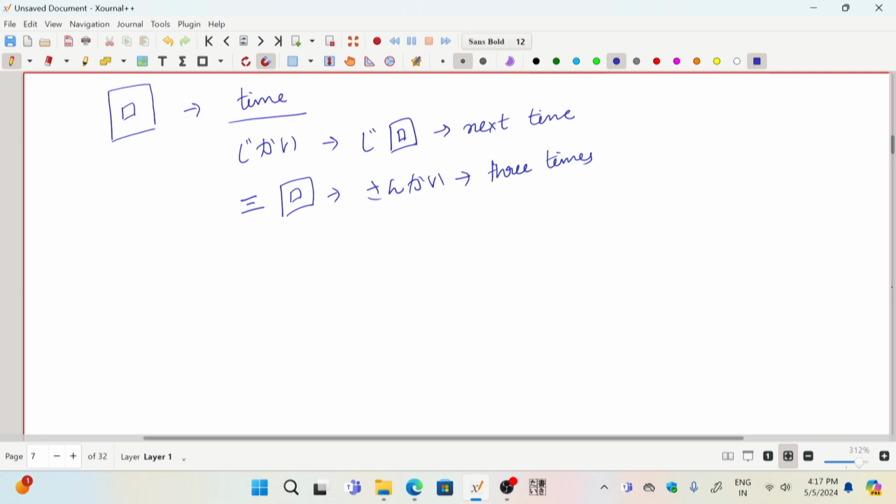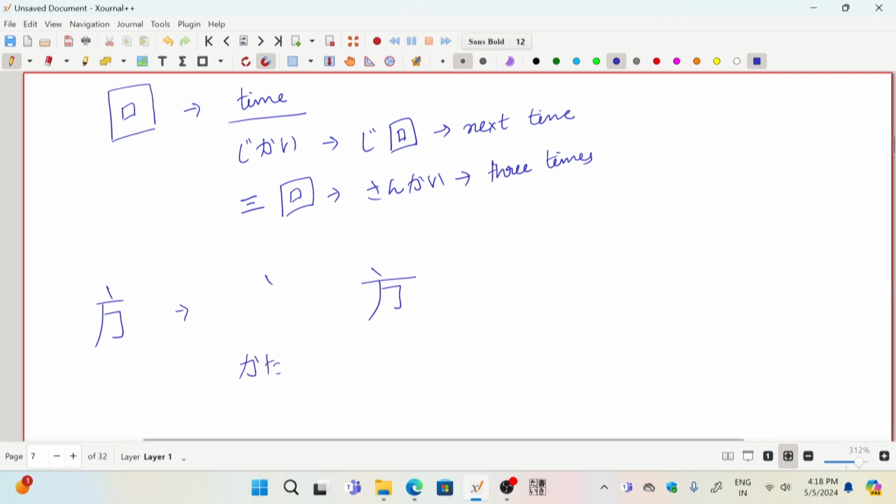Next kanji is the kanji of kata, which is also read as ho. So this first and then this. So this is the kanji of kata. This means way, method, or direction.